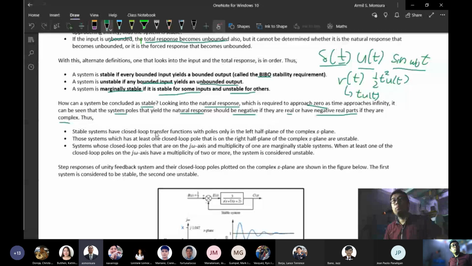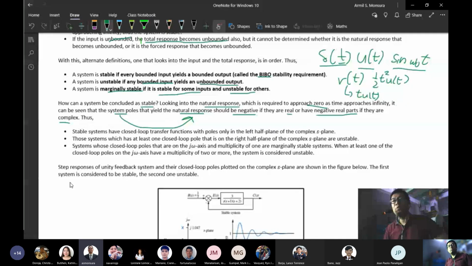Obviously, yung system poles niyo that yield the natural response, dapat magde-decay siya sa zero. So therefore, kung real pole man siya, dapat negative siya. Dahil yung pole na yon would actually generate an exponential that has a negative exponent.